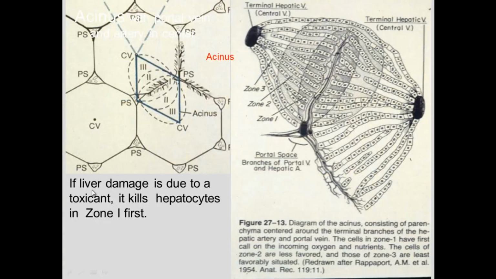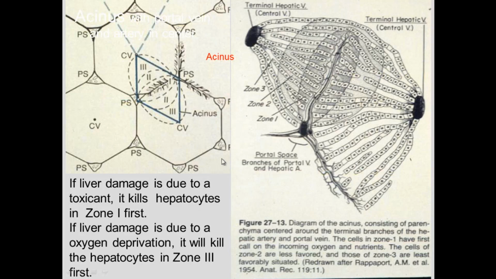If you have liver damage due to a toxin, it will kill the cells in zone 1 first. However, if you have some kind of toxicant that will use up oxygen, these cells in zone 3 are already deprived of oxygen, so the toxin would kill these cells first.